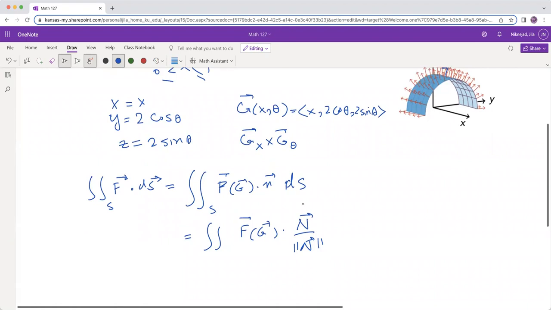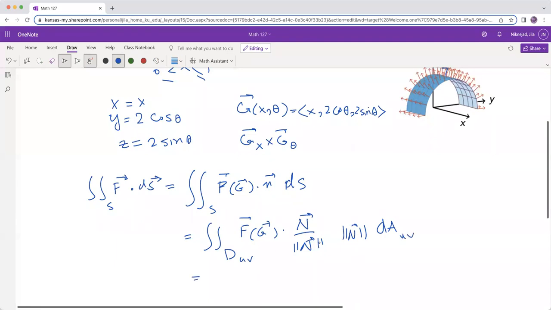And then what is dS? dS is the surface element, dA times the magnitude of N, over d of u and v, whatever u and v are.